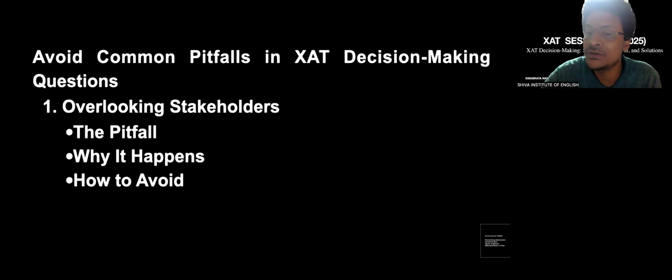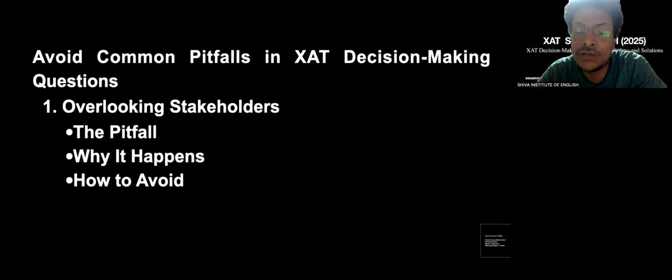Why does it happen? We focus on the more visible or vocal stakeholders. Second is a failure to think about secondary or long-term impacts. That also will be a reason for the pitfall. Then the next one is how to avoid them.